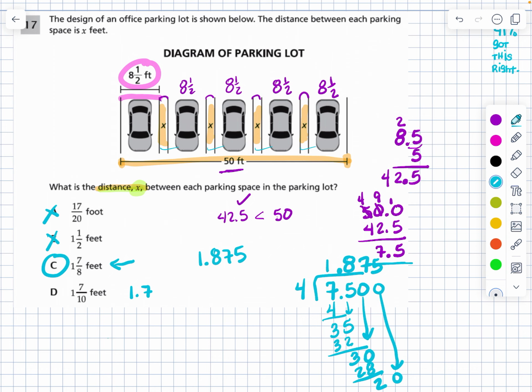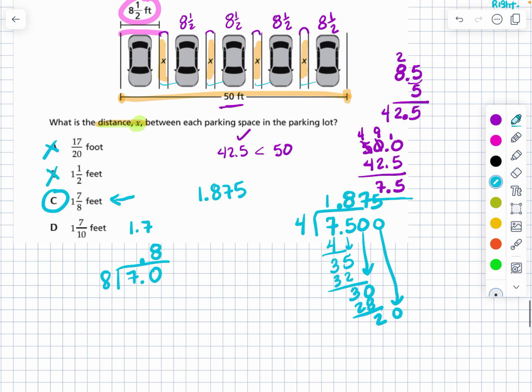We can do that by dividing 8 into 7. There's a decimal. So 8 does not go into 7, but it will go into 70. 8 times 8 is 64, and we got 6 left over.